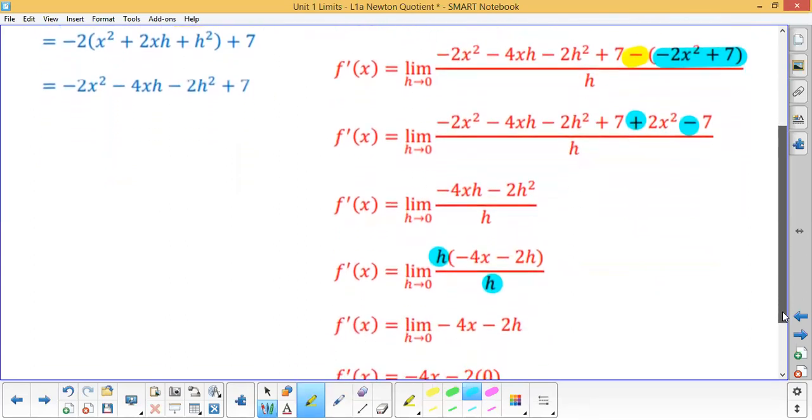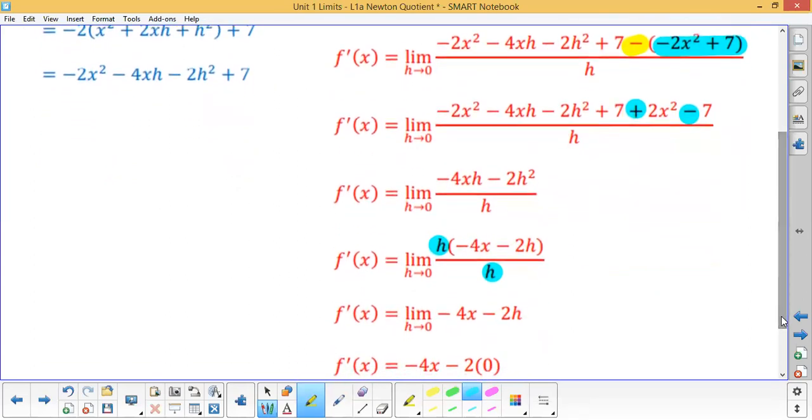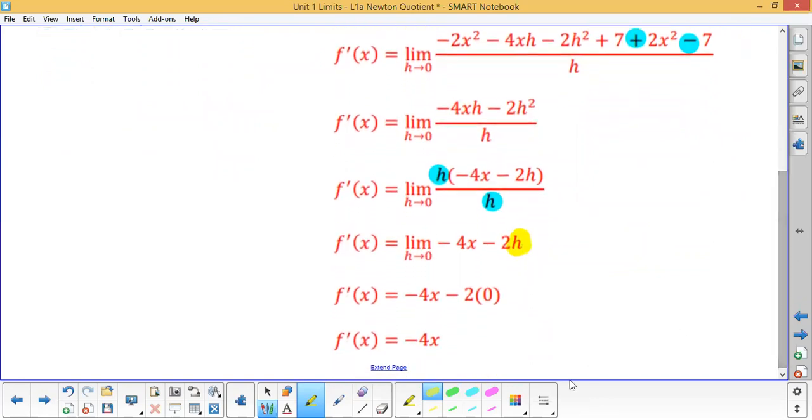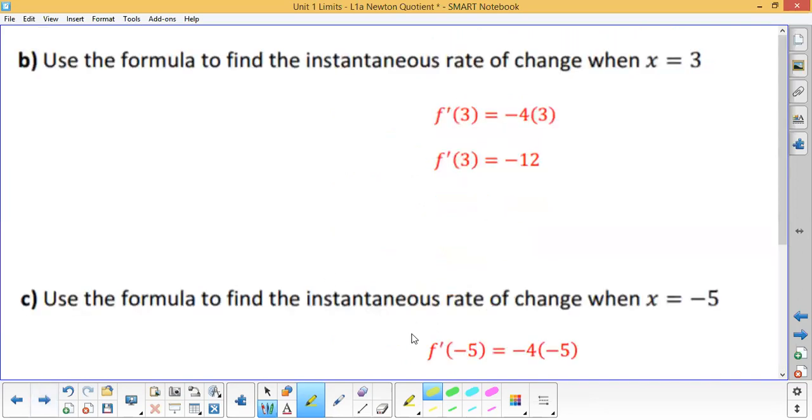So in this particular case, because I'm substituting h is equal to 0 when I have negative 2h, my slope or my derivative of the function is simply going to be negative 4x. So the most important part of this is simplifying and solving everything correctly so you get the correct derivative so you can answer these questions correctly.